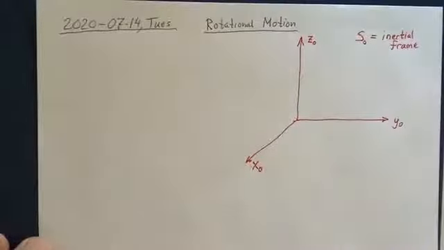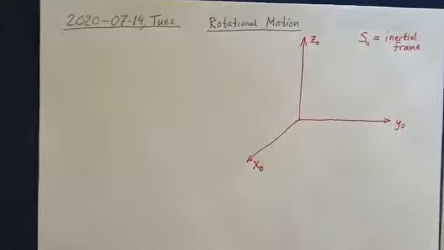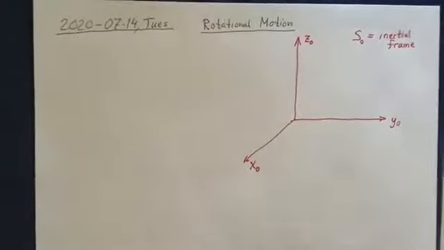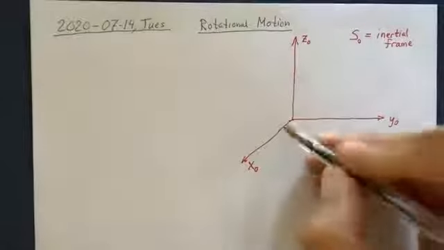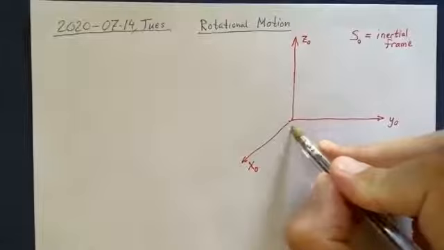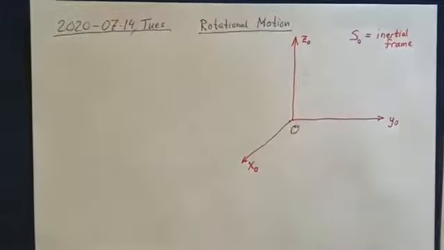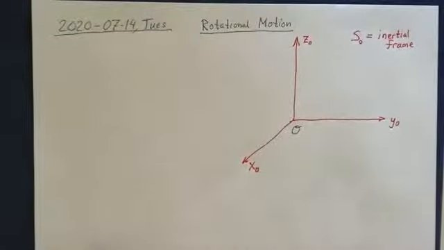Okay, and now what we're going to do here, we could consider the most general case where you have both translations and rotation, but we're going to assume that the two frames share the same origin. So this makes our life easier. Again, we'll have the capital cursive O. Capital cursive O is for origin as a point in space. Of course, the coordinates are 0, 0, 0.